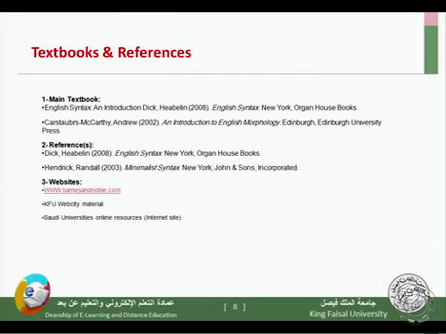The same author of the main textbook has English Syntax, and Randall Hendrick's Minimalist Syntax would also be a good reference. Not to mention the website you can see on the screen that you can always refer back to, because they have so many useful topics that would help you throughout the course and to understand the different areas and aspects of the course.